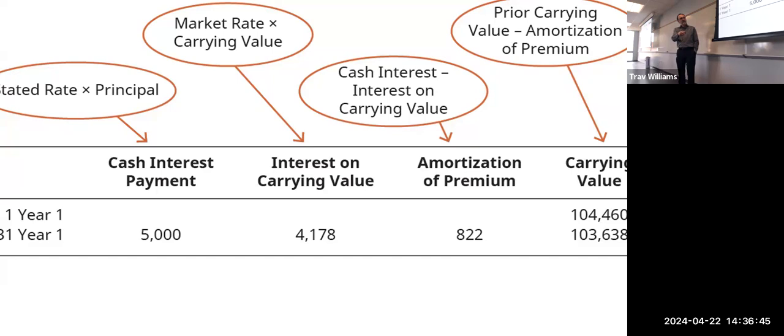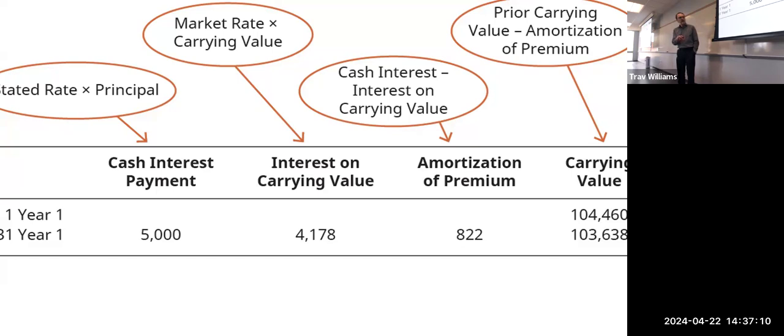And this difference, we take the 5,000 minus the interest on the carrying value, the difference is the amortization of the premium. So that's how much the premium is going to get reduced each time we pay out the interest until, well, actually, let me back up.